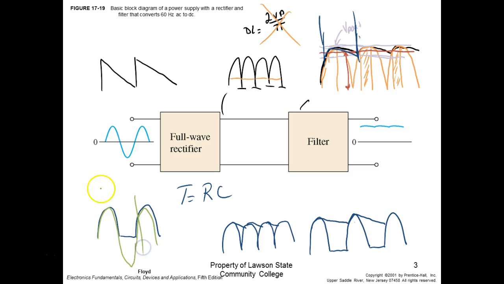That would be a cycle, and that's a cycle too, because that's one repetition. So on half wave, your time is going to be the time of whatever your AC input is. Now full wave is going to be a little different, because on full wave we get this and this. This would be one cycle of my input. This would be one cycle of my output. You understand? Yes or no?